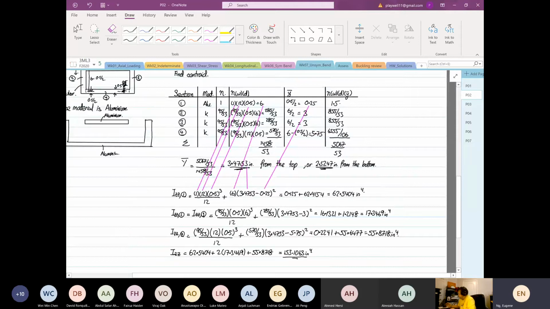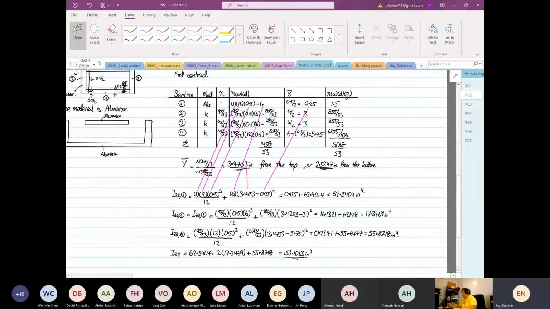It is how organized you become. Don't do what the solution manual does, putting everything in one equation. Do it in stages, so at least you can check where you have gone wrong. That's why I'm still adopting this technique when showing you. I know it takes more time, but the most important thing is you can check. So that's your IZZ.